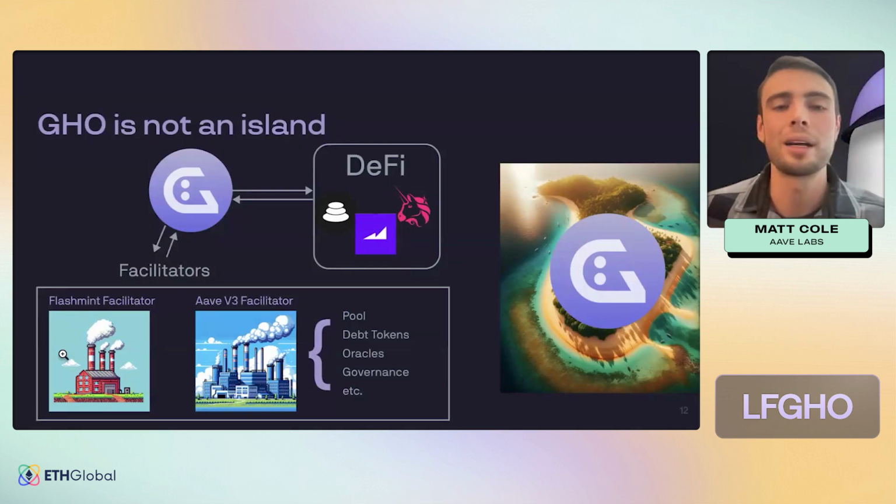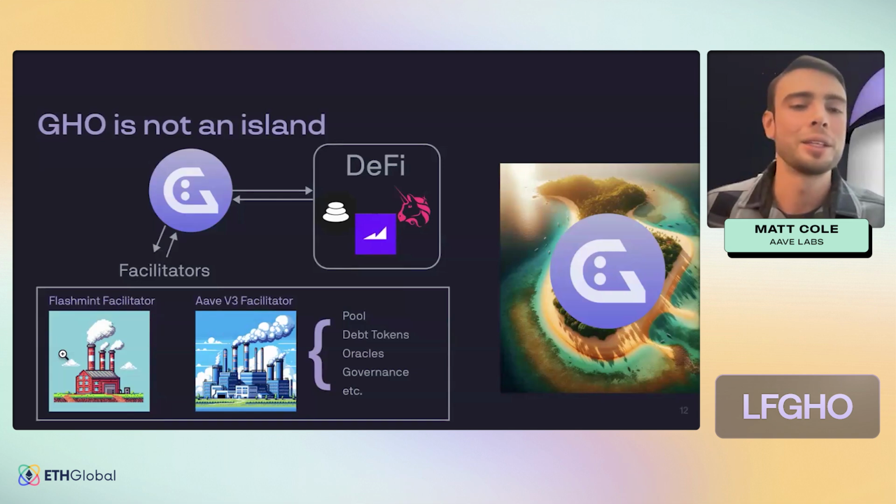And then there's this entire, very interesting mechanism where facilitators are creating Go and really controlling the supply. To really understand Go is to understand how all these pieces play together.